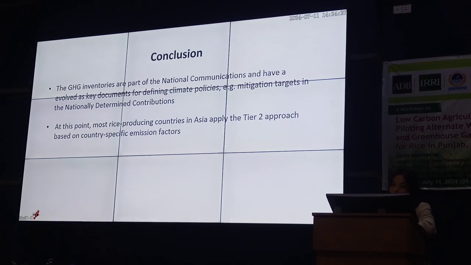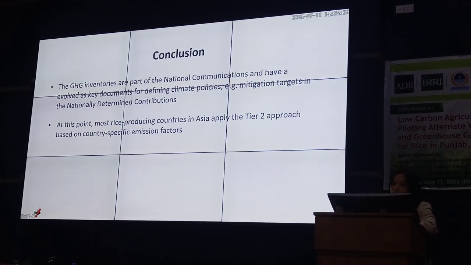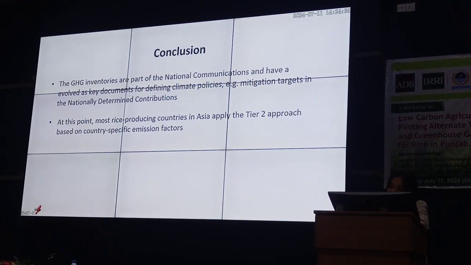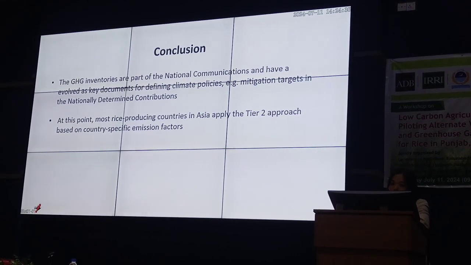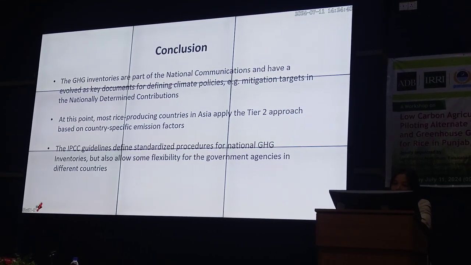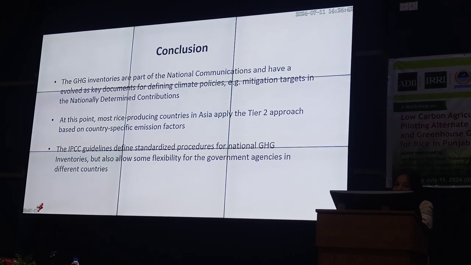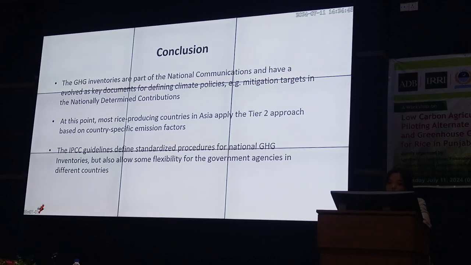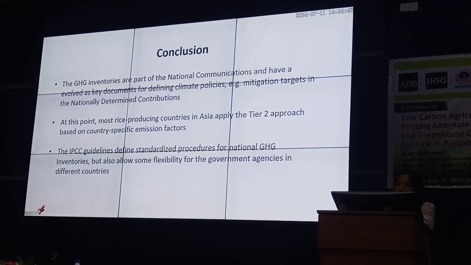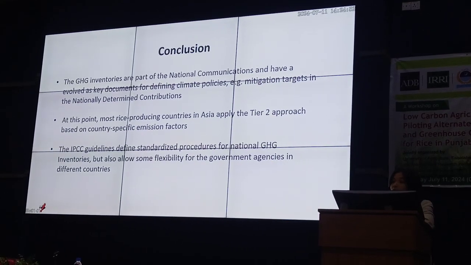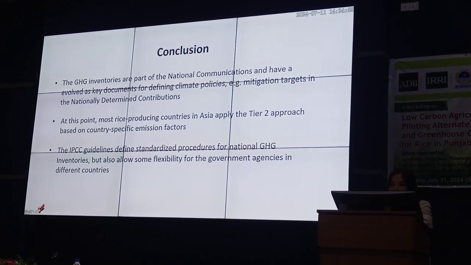At this point, most of the rice-growing countries in Asia, in Southeast Asia, apply the Tier 2 approach based on country-specific emission factors. The IPCC guidelines define the standardized procedure for national greenhouse gas inventories, but they also allow some flexibility for government agencies in different countries.